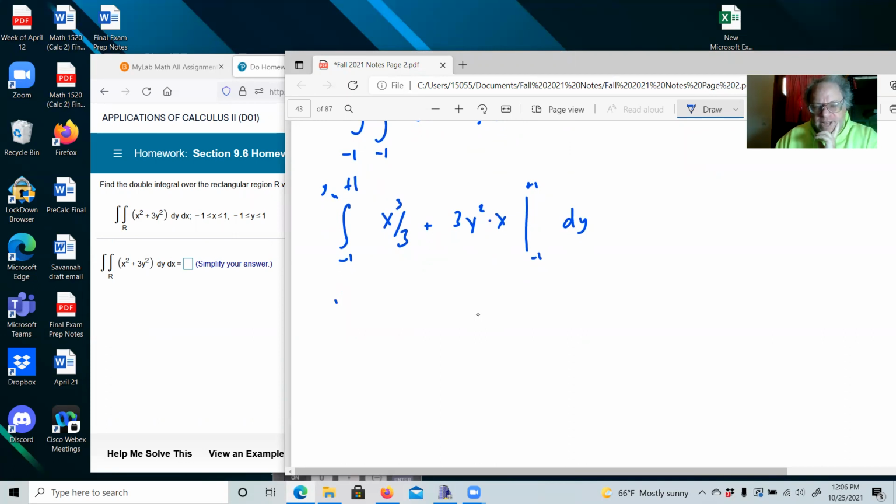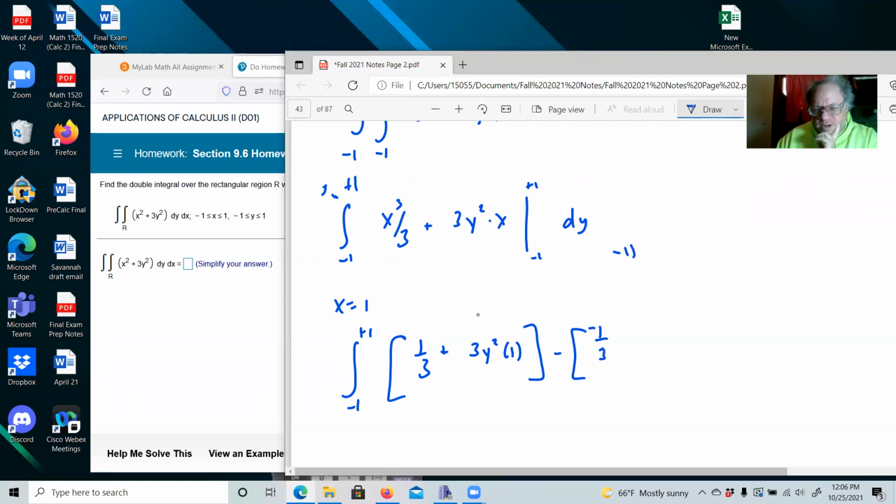So this is going to be x evaluated at 1. So we have 1/3, right? X evaluated at 1 plus 3y squared of 1 minus -1/3, because x cubed, right? -1 cubed is equal to -1.